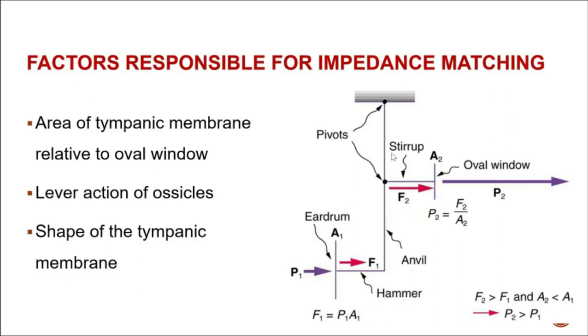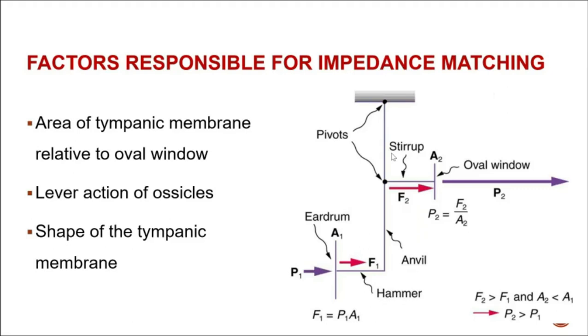We have the three bones. What are the three bones? Malleus, incus, and stapes. Malleus is also called the hammer, incus the anvil, and the stapes is called the stirrup.